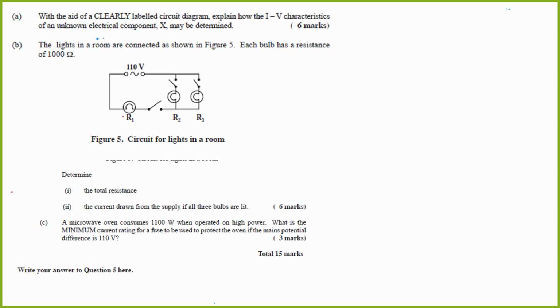Sir, in a series circuit, the resistors are all connected together in one chain. And in a parallel circuit, the resistors don't really flow along the same path.